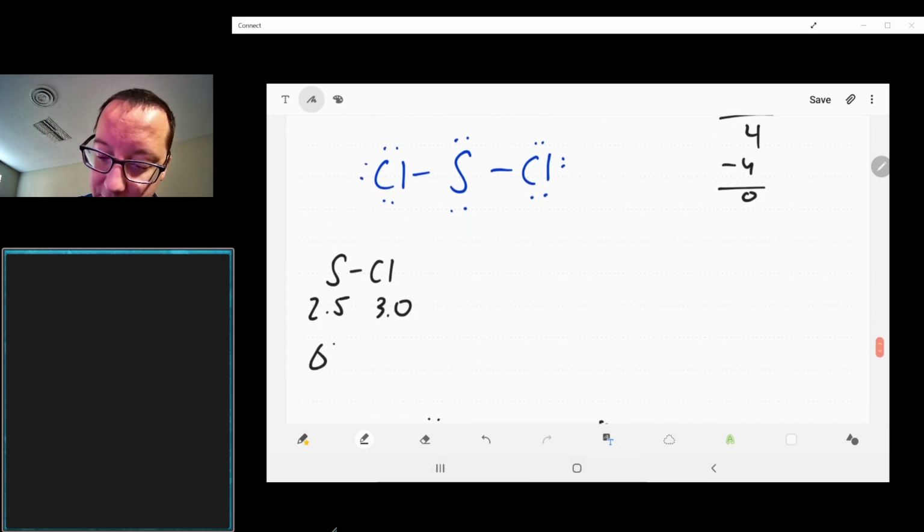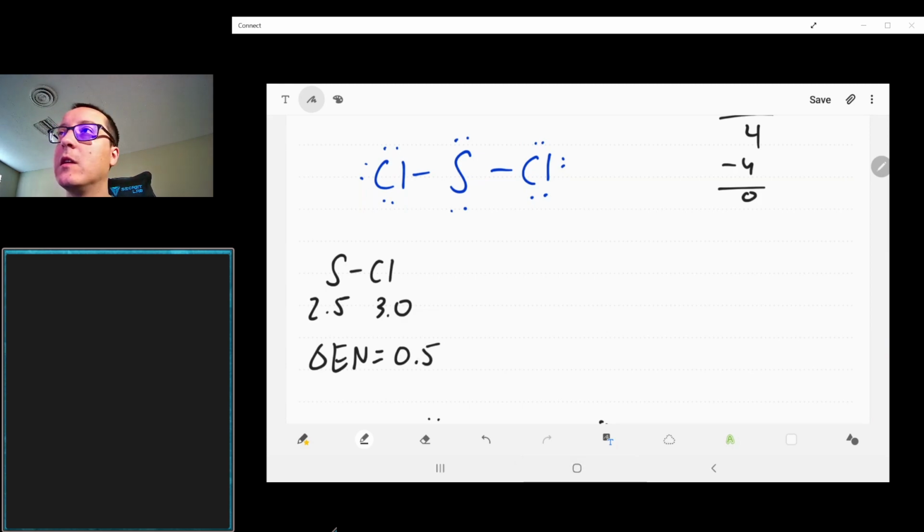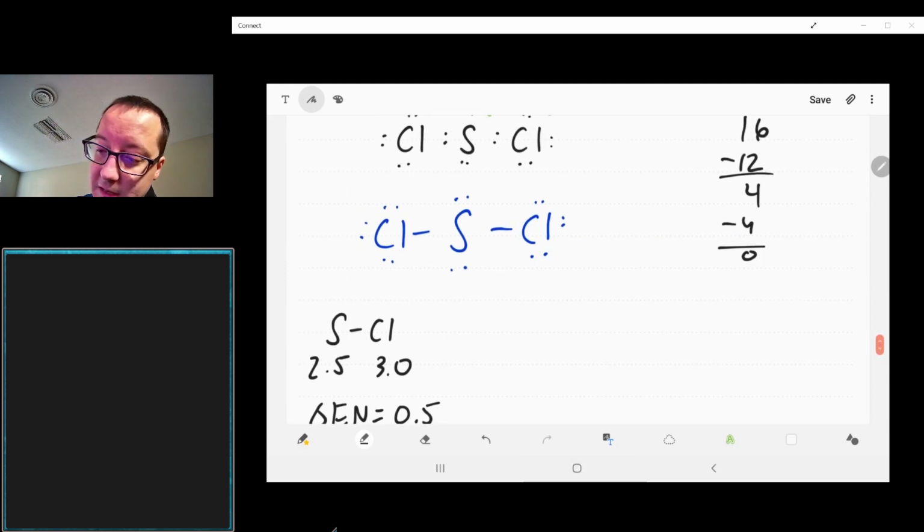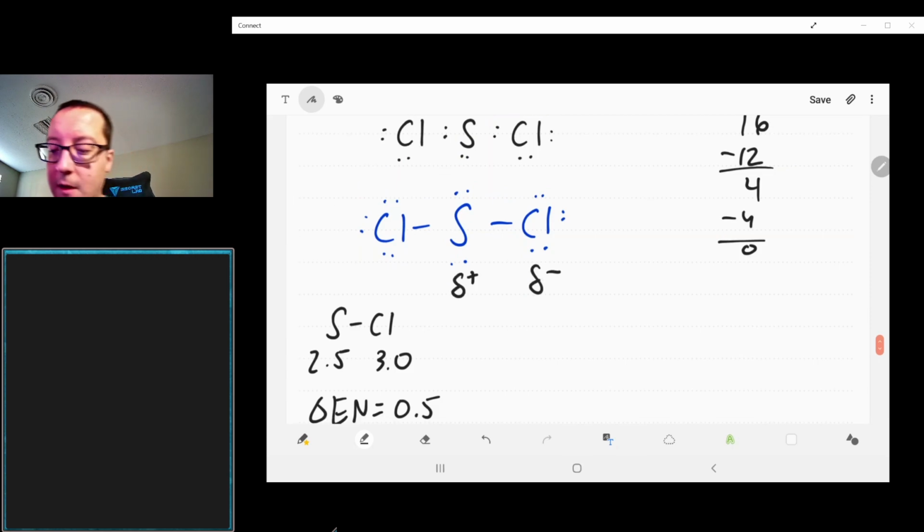So the difference in electronegativity is 0.5, therefore we are indeed expecting that our sulfur-chlorine bond will be polar.